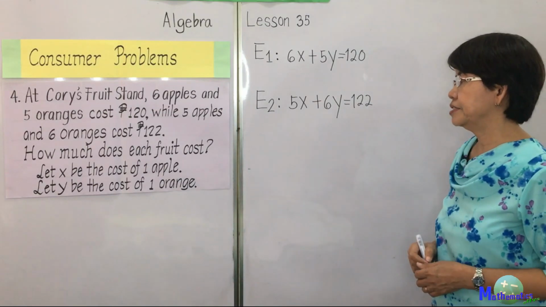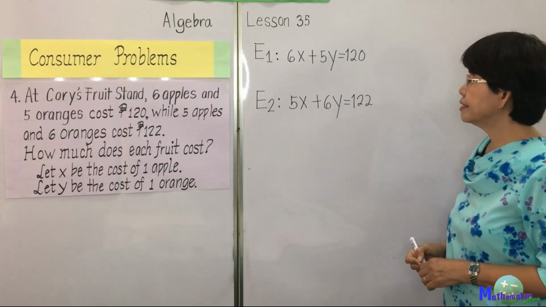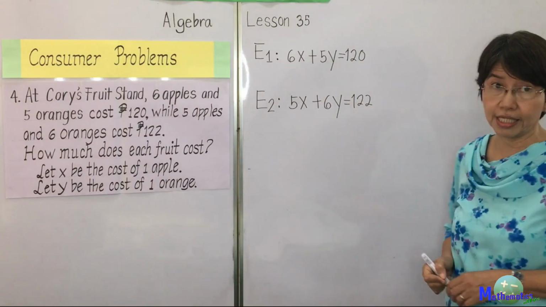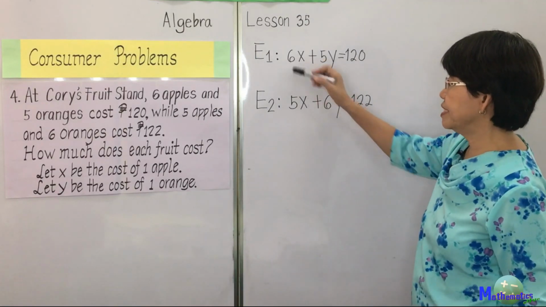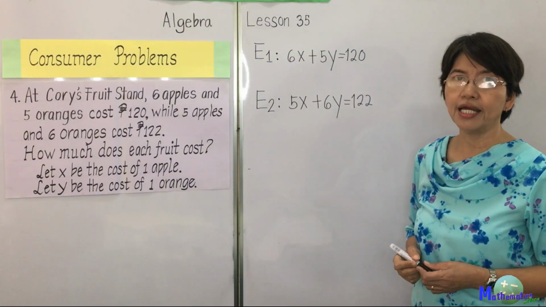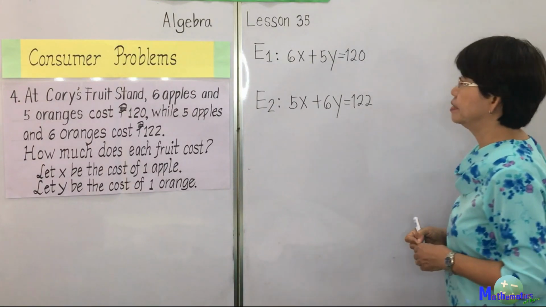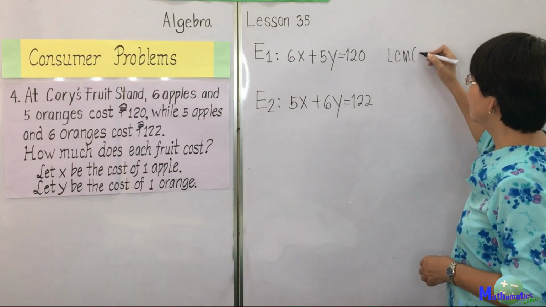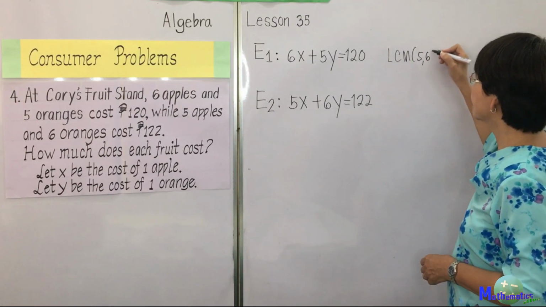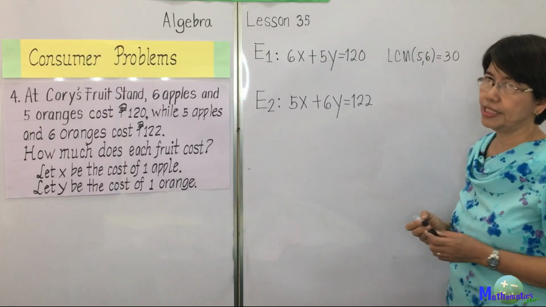And the same with equation 2. And then we eliminate here a variable. And let's try eliminating X. We have 6 and 5, so we get the LCM of 6 and 5. The LCM of 5 and 6 is 30.